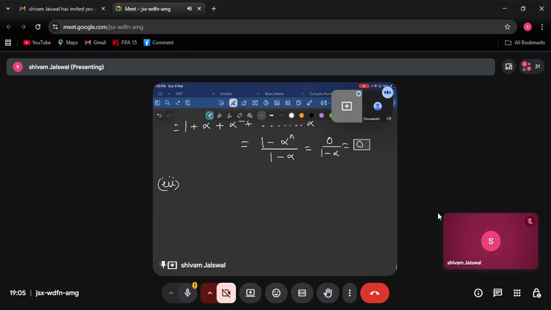Okay, part 3. What is 1 minus alpha 1 into 1 minus alpha 2 dot dot dot up to 1 minus alpha n minus 1? Tell me.